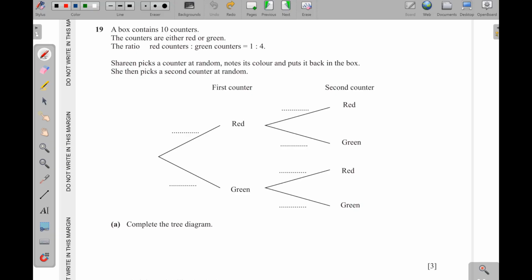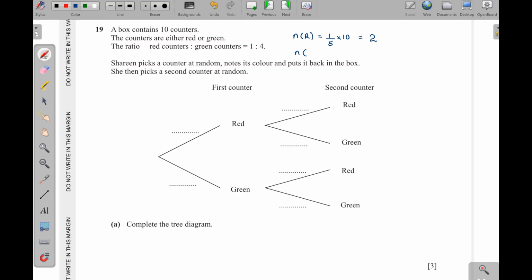Now, we need to know how many are the red counters. So, number of red counters is going to be, red corresponds to the 1, right? So we shall have 1 out of the total, which is 5 when you add the total ratio. Then times the 10. So that means here we shall have 2.